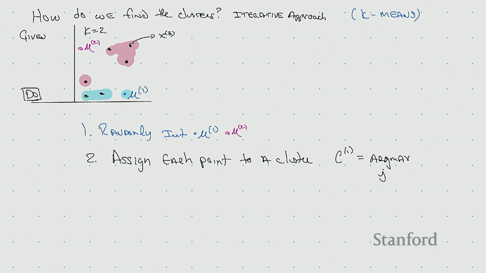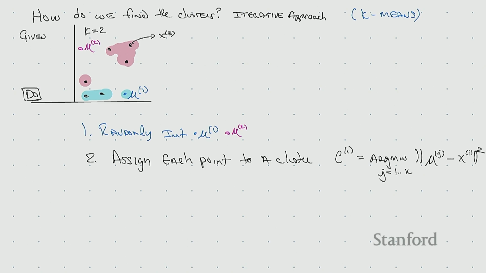Arg min over j from 1 to k. Oh, sorry, min. What did I write, max? Arg min of the squared distance, mu j minus xi, squared.